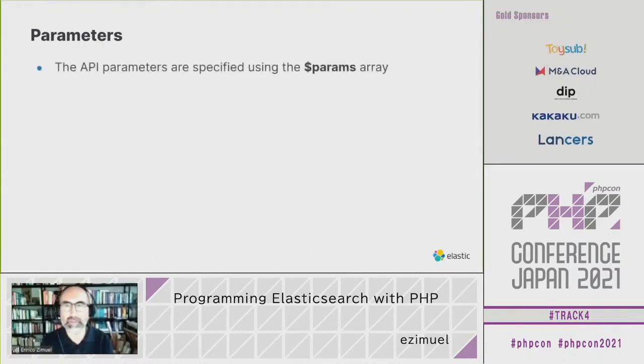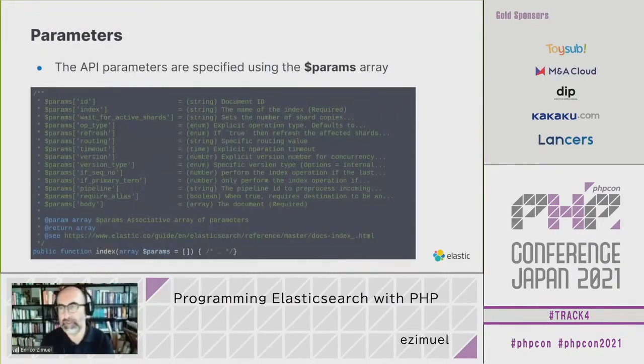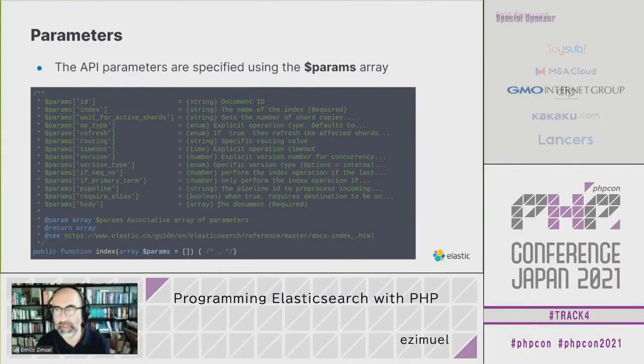The parameter is an associative array, $params, that can contain, according to the endpoint, different parameters. For instance, this is just a copy and paste from the source code of Elasticsearch-php, where you can see the index endpoint, and this is the comment in PHPDoc, where you can see all the parameters that you can provide in order to execute the index endpoint.